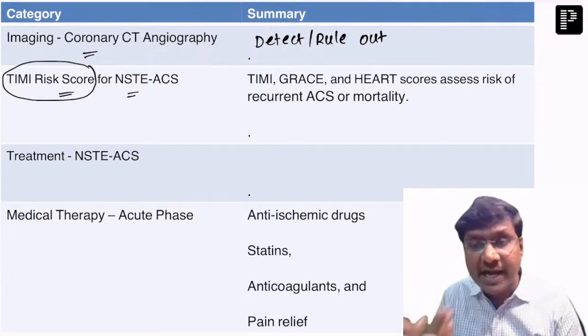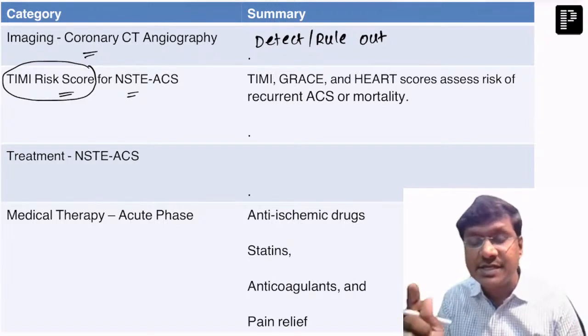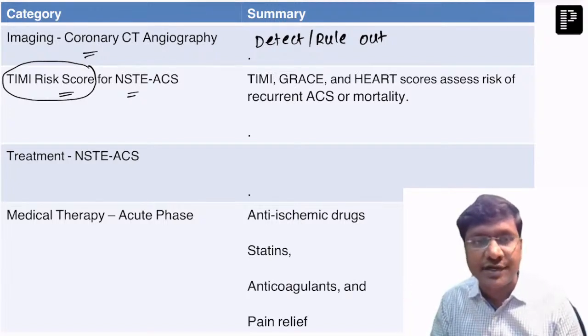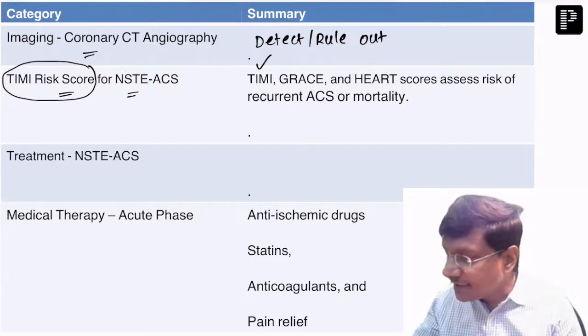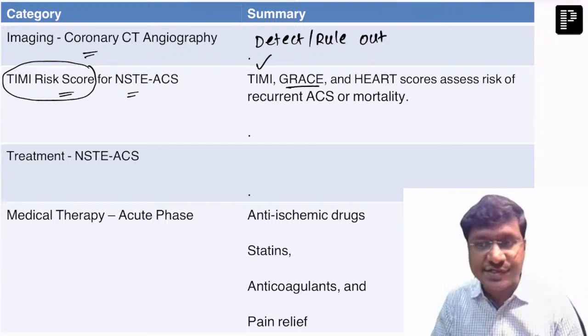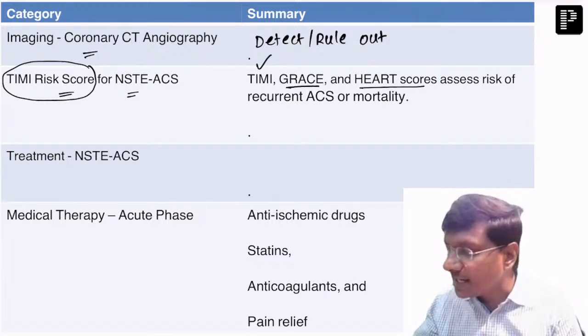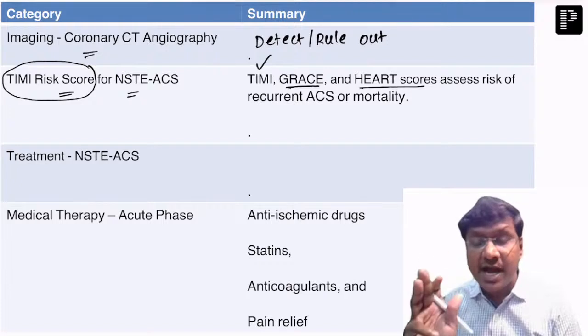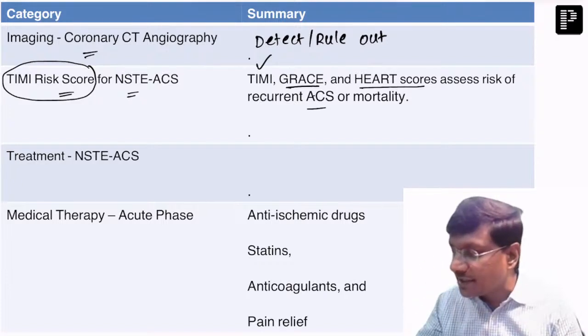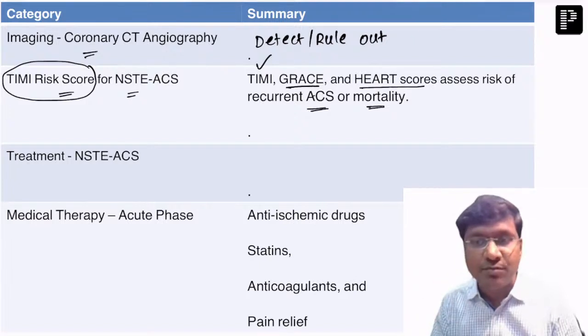Then what are the other scoring systems which will assess the risk of recurrent acute coronary syndrome or mortality? So apart from the TIMI, we have the GRACE scoring system and the other one is the HEART scoring system. All these three, TIMI, GRACE, HEART, assess the risk of recurrent acute coronary syndrome or even mortality.